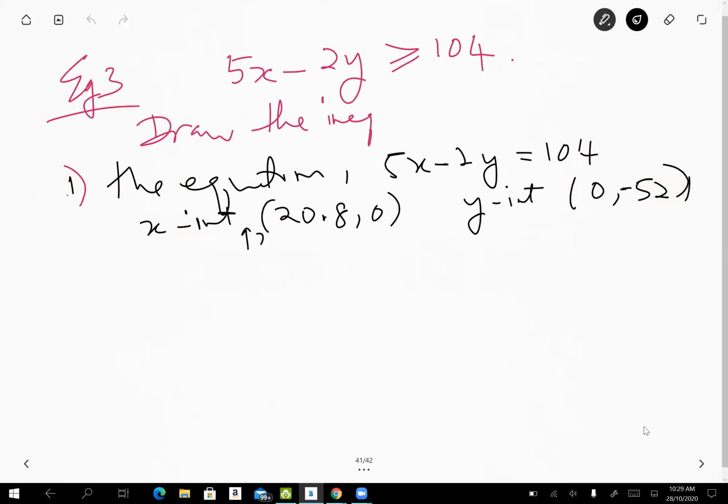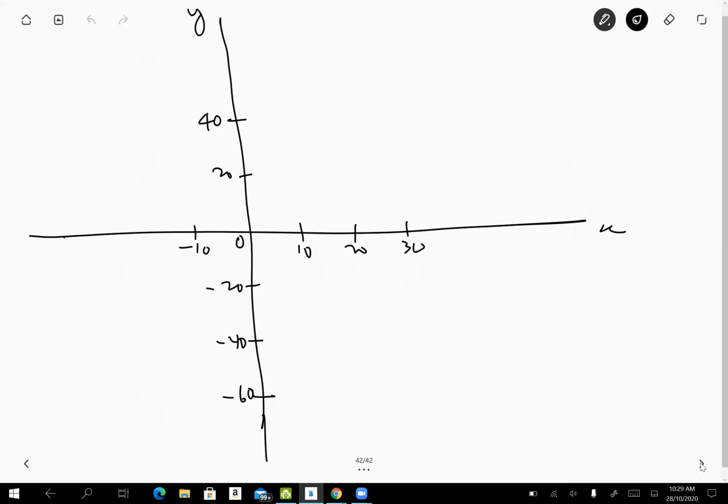You have 20.80, so the intercept will be here. And then for the y-intercept, you have negative 52. So 50 is somewhere in the middle, a little bit there. Those are the intercepts. You connect the line, and we got the equation.